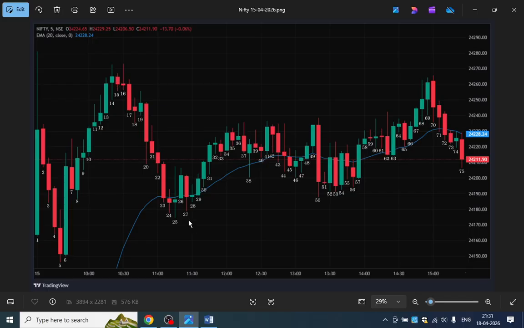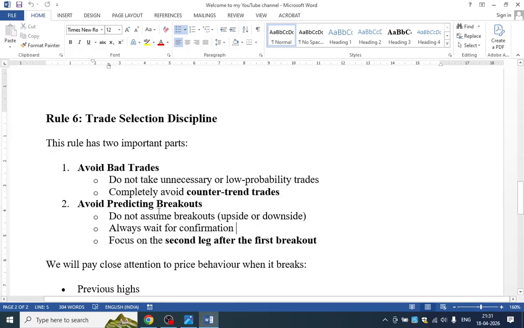Even if it looks like the best trade after the day has closed, we should never try to judge this downside movement. For me this is a counter trend and we should never judge it at any point of time.